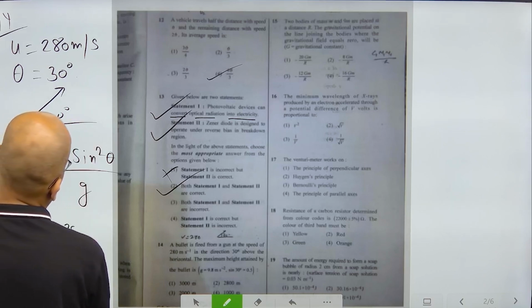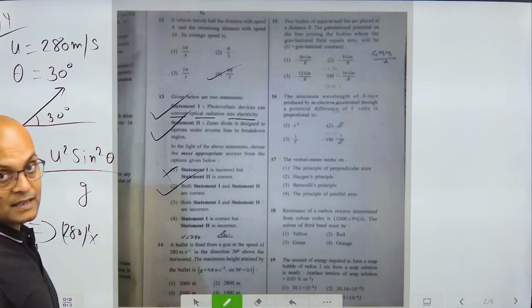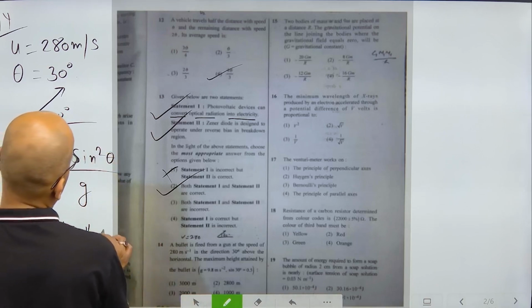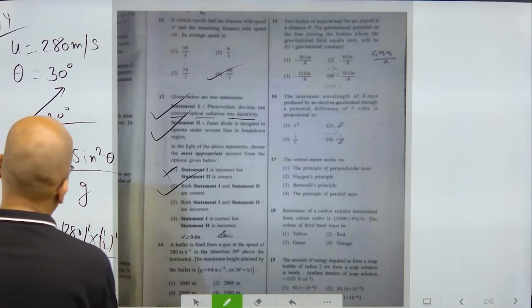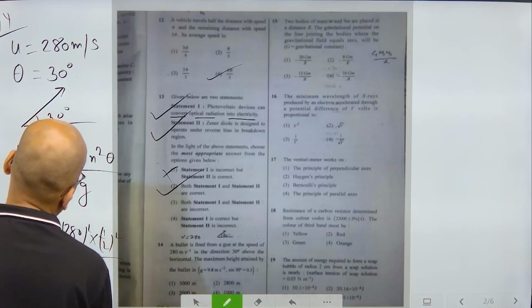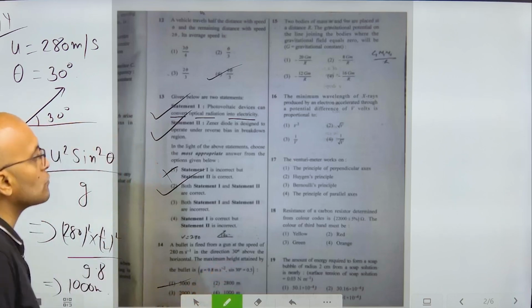This is 280 square sin square 30, sin 30 is 1 upon 2, 1 upon 2 square, upon 2g, that is 9.8. Only calculation was involved. Solve it, you will get 1000 meters. Option A, 1000 meters.